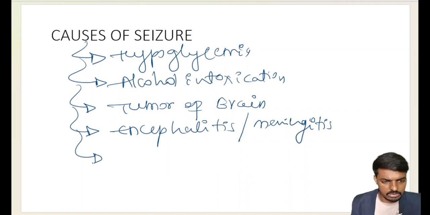Wherever there is brain irritation, there is every chance of occurrence of seizure. And seizures may occur in electrolyte imbalance, especially in hyponatremia.